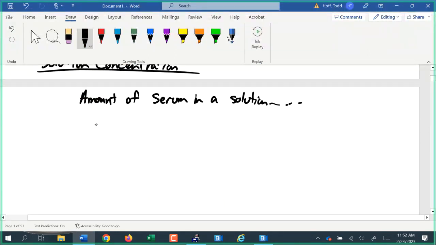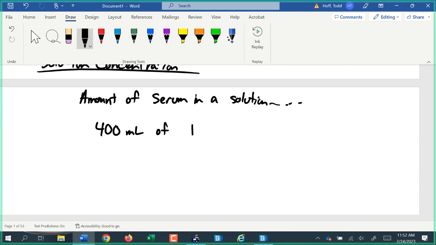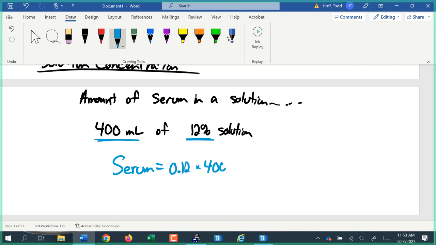Let's say we have 400 milliliters of a 12% solution. We found the amount of serum by taking the rate of 12% becomes 0.12 times the amount of solution, 400 milliliters. That gave us that we had 48 milliliters of serum, of active ingredient in that solution.